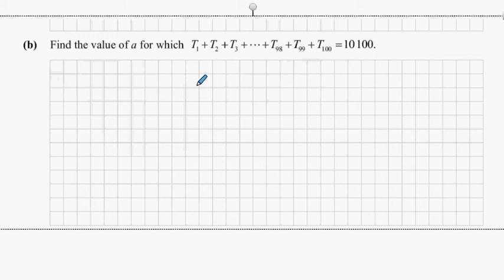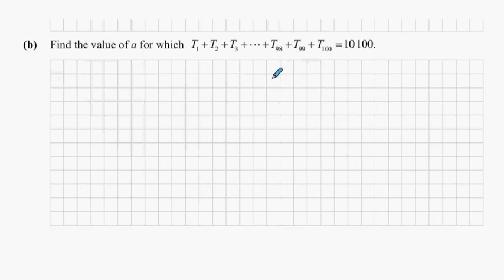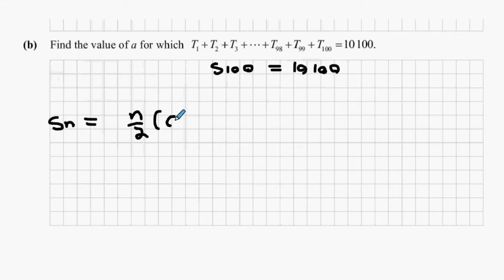Find the value of A for which T1 plus T2 plus T3 plus all of this equals 10,100. This basically is S100, which is 10,100. Sn of an arithmetic sequence is n over 2 into a plus n minus 1 times d.